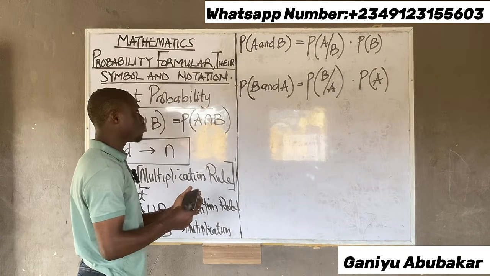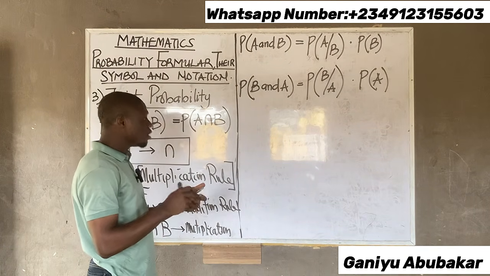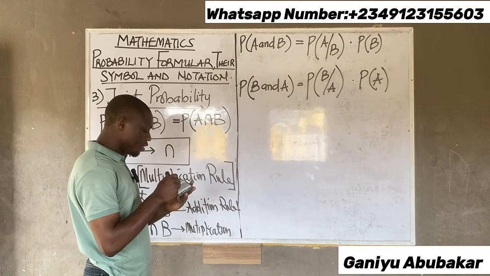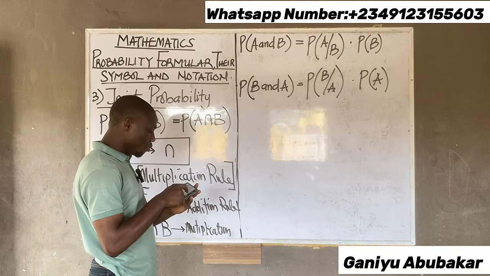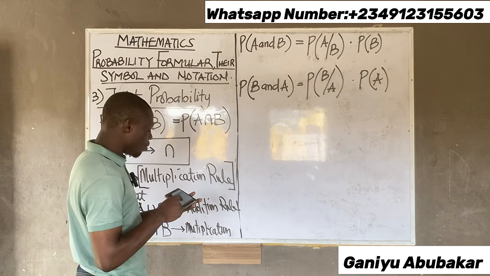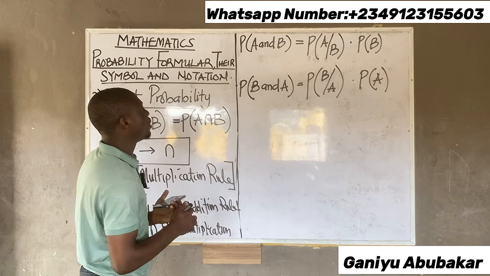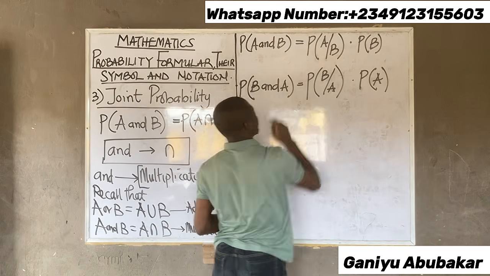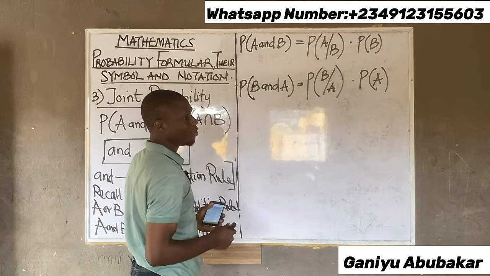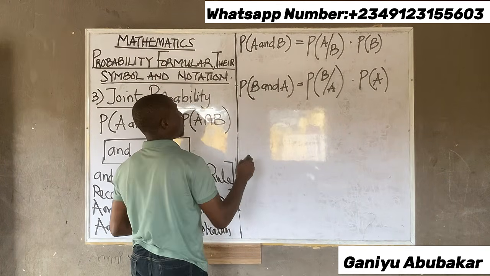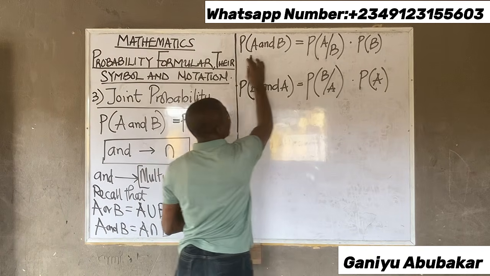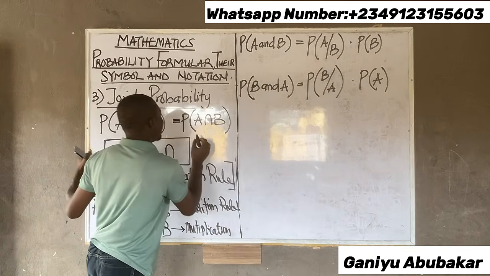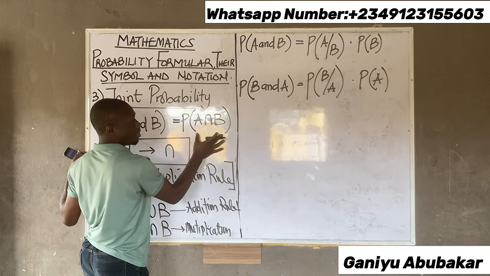So this is the formula to calculate joint probability, as you can see on the board. For this particular case, I'm saying that either I use this formula to solve A and B, or I use just A intersection B, and I'll have the same answer.